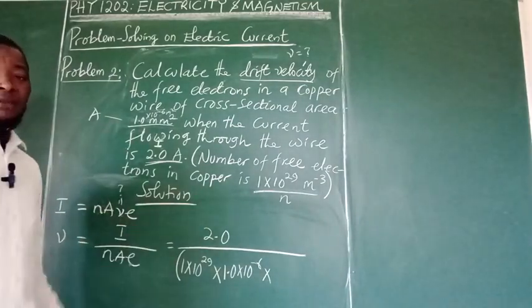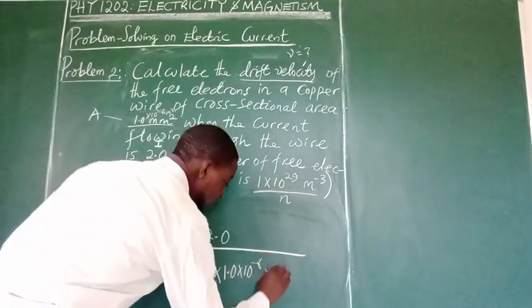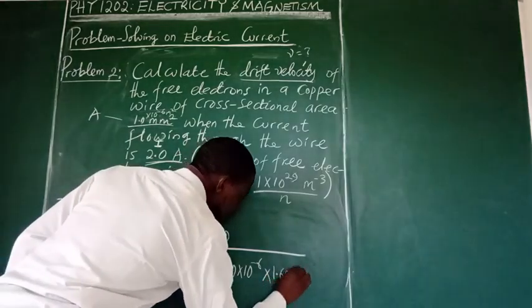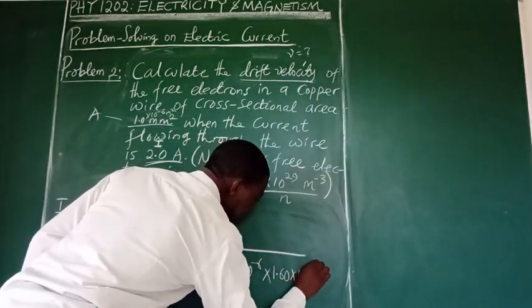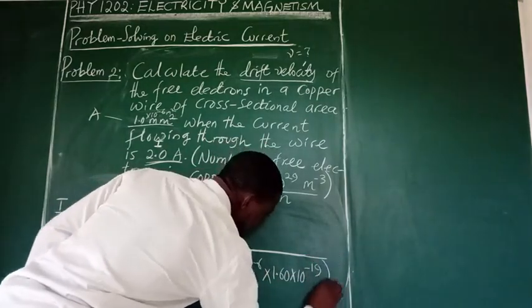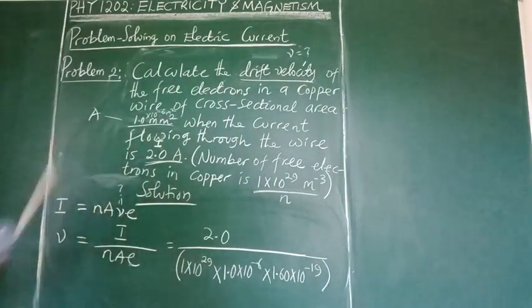Electronic charge is not given in the problem, but is always 1.60 times 10 raised to the power of -19 in Coulomb. Then we close the bracket.